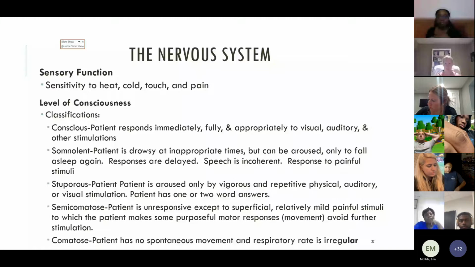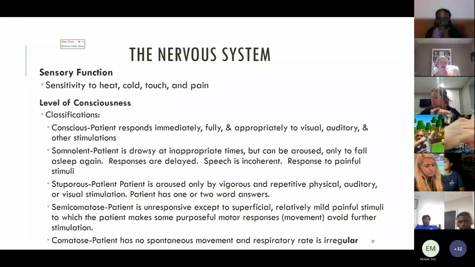They can tell if they're in pain. They can tell if something is cold on their body. They can tell if there's heat on their body. So that's their sensory function. That is something that I ask all of my patients. It's actually my fall risk assessment. I ask them, do they have any numbness or tingling in their hands or feet? Because if they have numbness or tingling in their feet and they can't feel their lower extremities, then that puts them at risk, obviously, for having a fall.